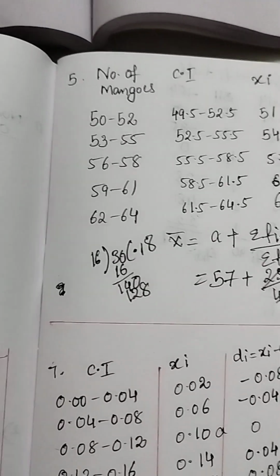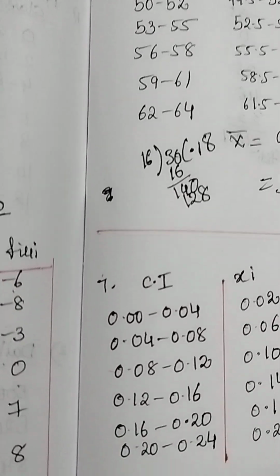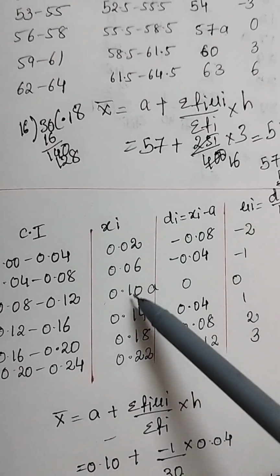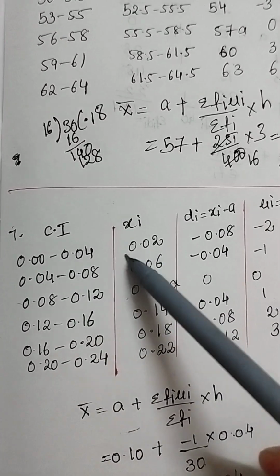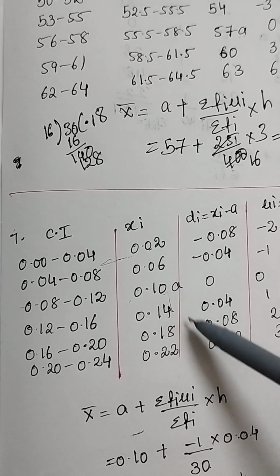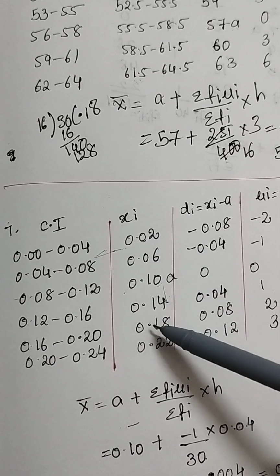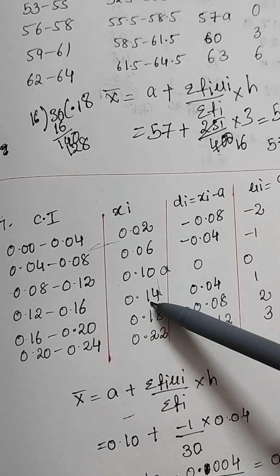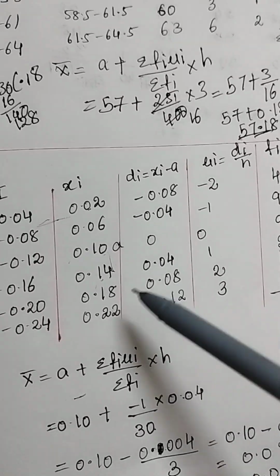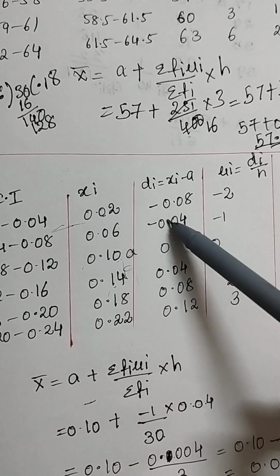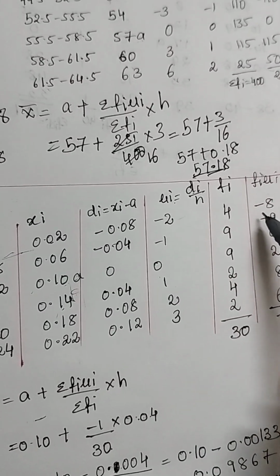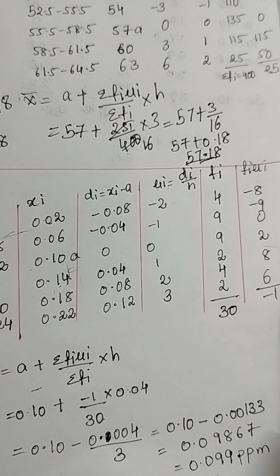Okay, next coming to 7th question. So you should find in the same manner. This one I did by step deviation method. So I took class marks and deviation. A I took as this; even number of intervals are there, so you can take this or this, either. You will be getting the same answer. Okay, whatever you take. Now take deviations. Ui equal to di by h you do. Next Fi ui calculate. This one I got minus 1.